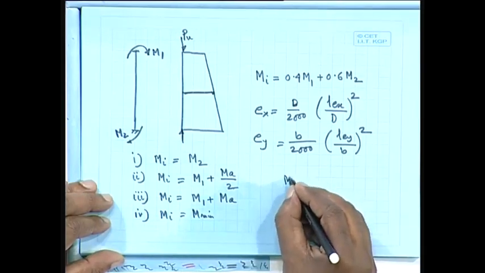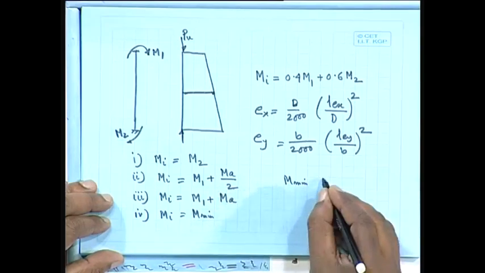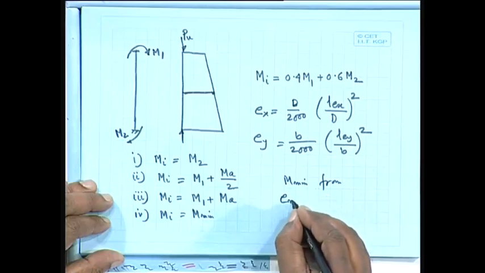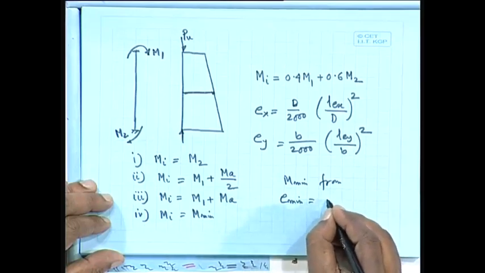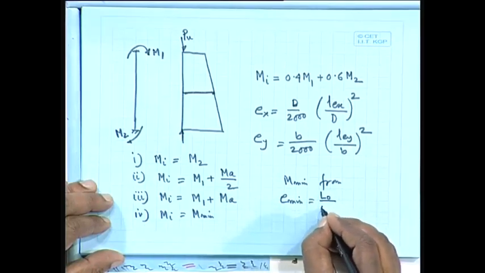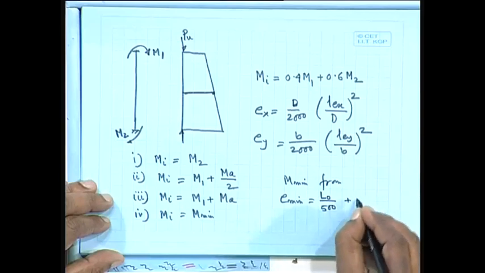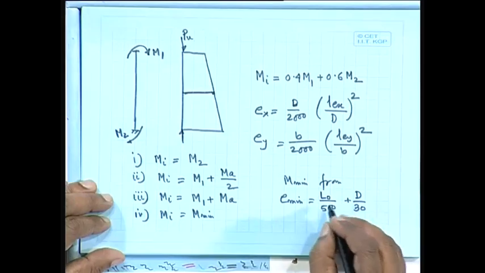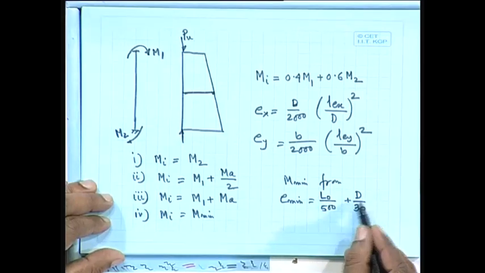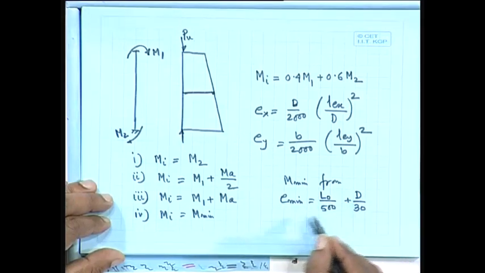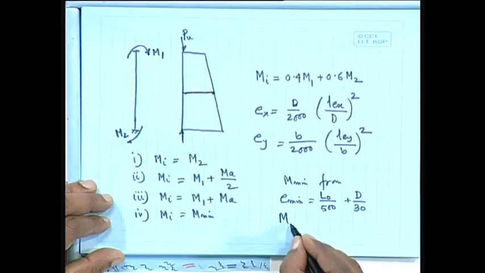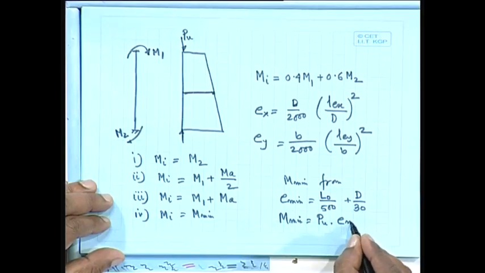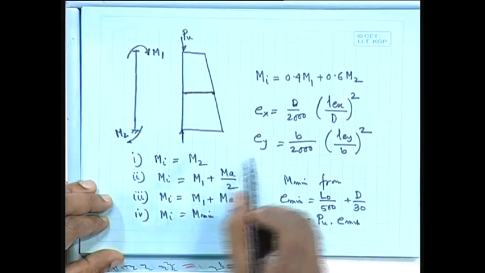M minimum we can get from that E minimum, which is equal to L0 by 500 plus D by 30. Please note that we have already used it. So, from there I shall get E minimum. So, M min will be equal to Pu times E min.